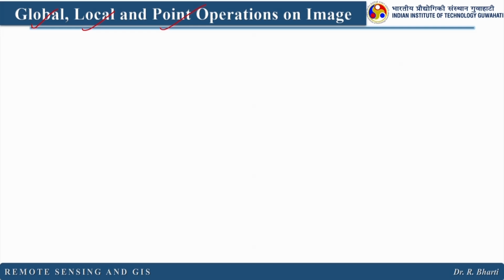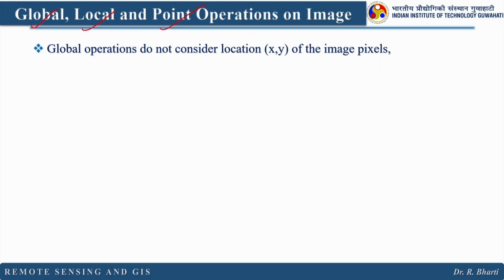And here you have the freedom to apply different logics. In global operation, we do not consider the location of the image pixel. Location means you have an image, and the image is basically DN numbers, basically a matrix. So how do we define the position of a matrix element? Using Cartesian coordinates.